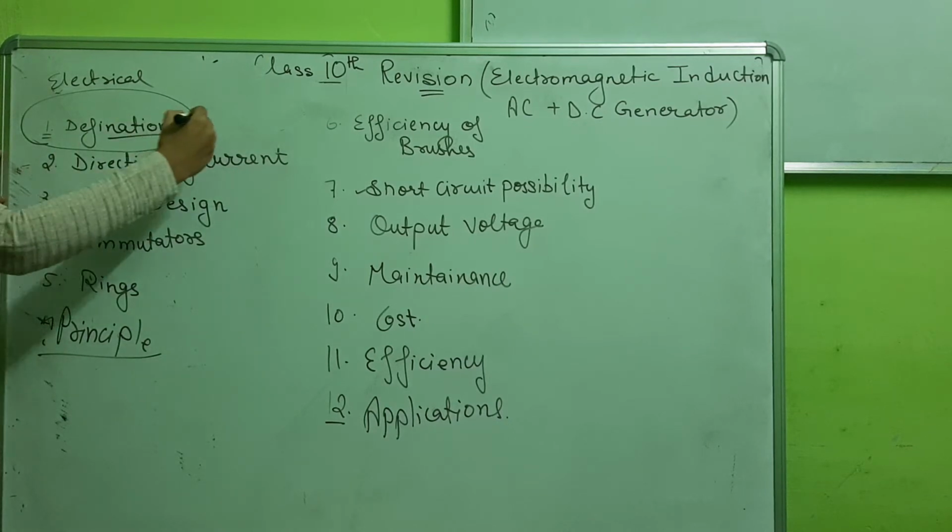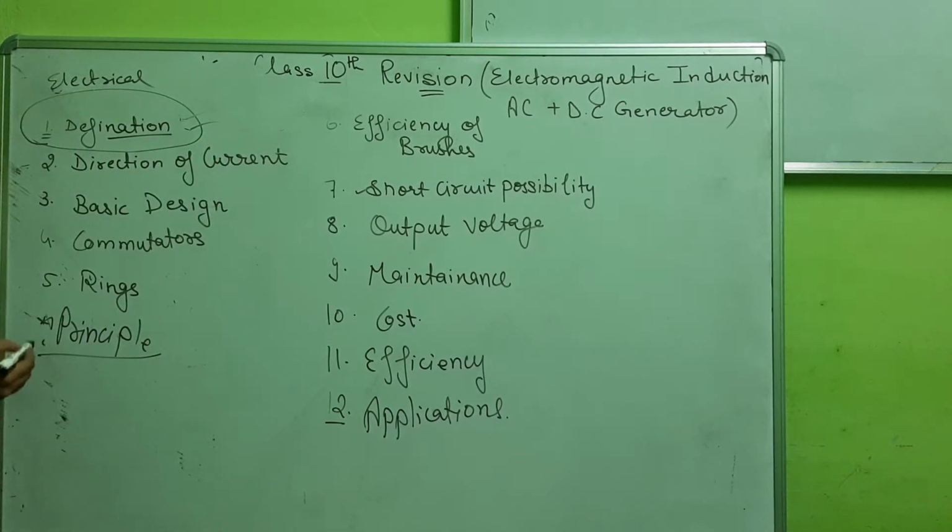So this is your basic definition. Now the principle: both work on the principle of electromagnetic induction, but in the case of AC there is a direction change, and in DC there is no direction change. This is the principle, that electricity is getting produced by the change of magnetism.